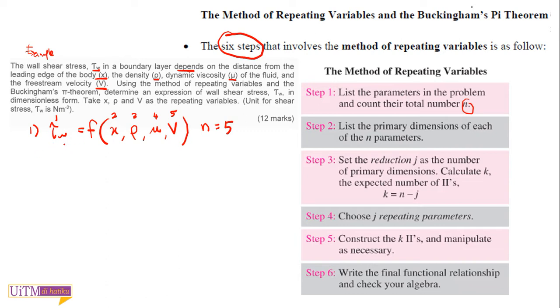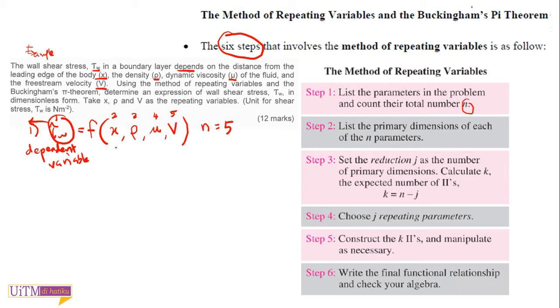Okay. So again, what is tau? It's a shear stress. So in this dimensional analysis, what do we call this tau? It is a dependent variable, because tau depends on the other parameters, the distance, rho, mu, and also the velocity.